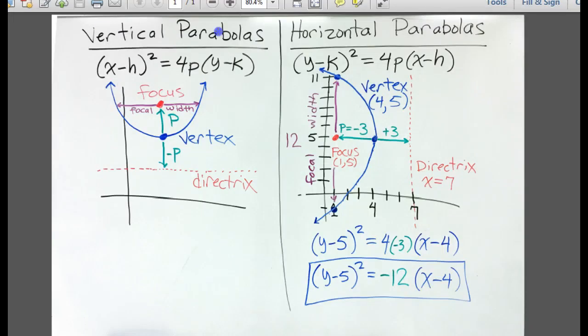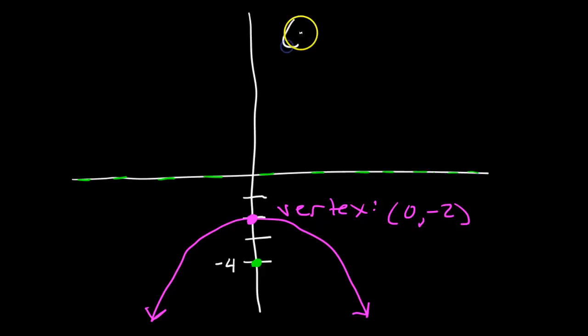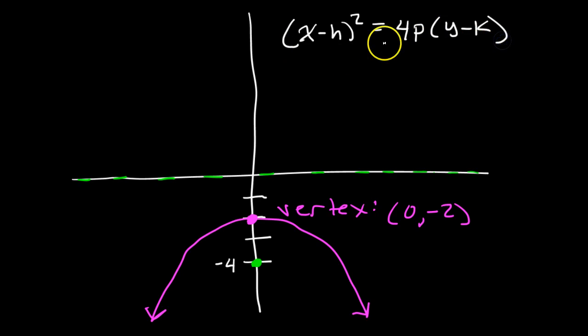And whenever we have a vertical parabola, we use this model where the x portion of the equation is squared. The model is x minus h squared is equal to 4p times y minus k. This is the model that we're going to use.